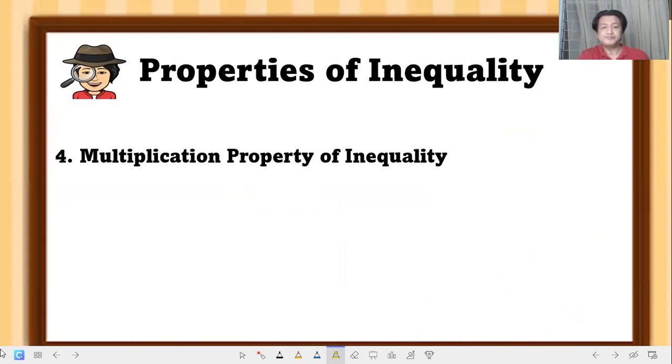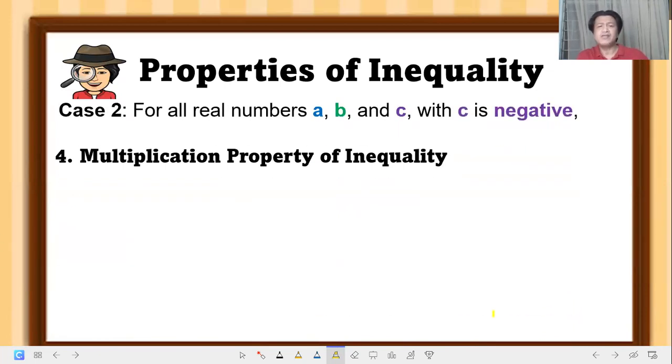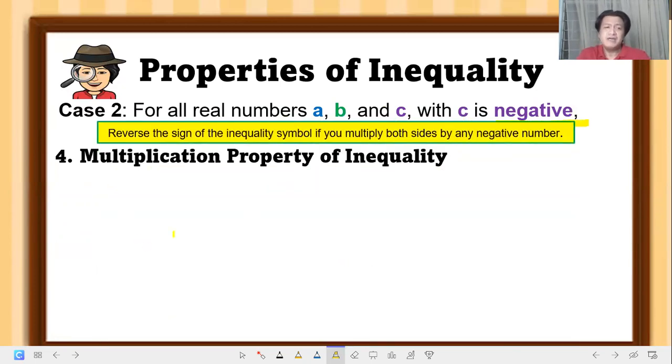Okay, dito tayo. Kung meron tayong case 1, meron tayong case 2. Yun yung naman for all real numbers A, B, and C with C is a negative number. Anong ibig sabihin nito? Okay, ibig sabihin yan, kapag nag-multiply tayo on both sides of the inequality by any, take note of the word, any negative number, all you have to do is reverse the sign of the inequality. Ibig sabihin ng reverse, babalik na rin natin yung symbol natin, yung inequality.